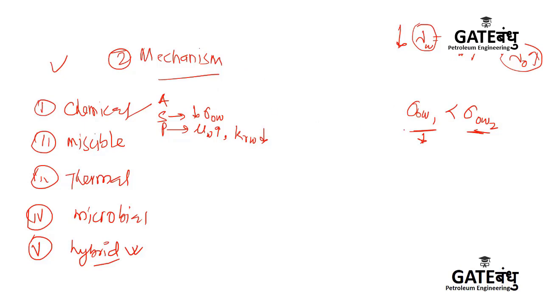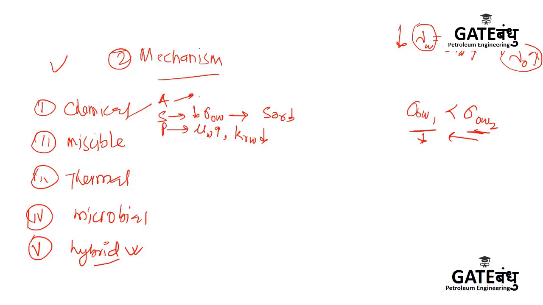So when there is a reduction in surface tension, it is helping. It is like one is attached to something; reduction in surface tension is like that attachment being reduced. That will also increase the oil mobility and reduce the SOR value.